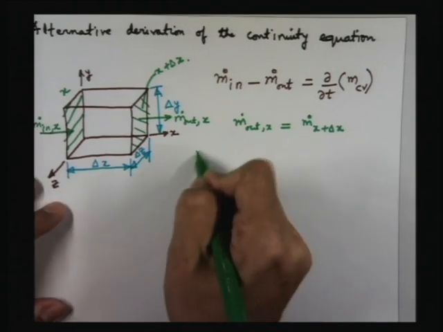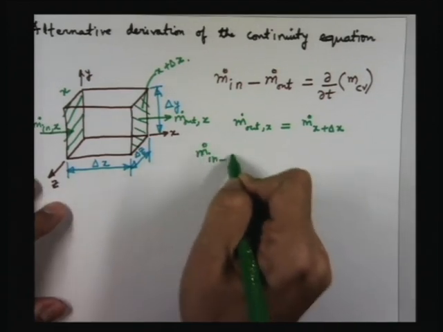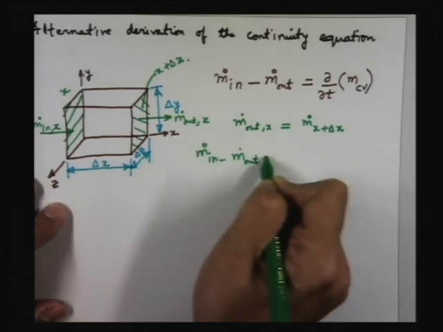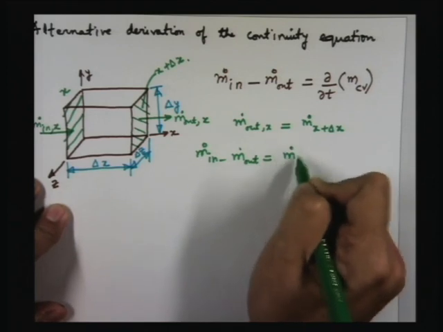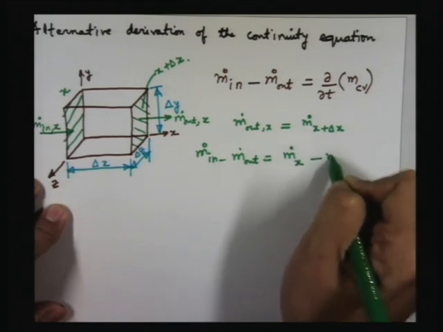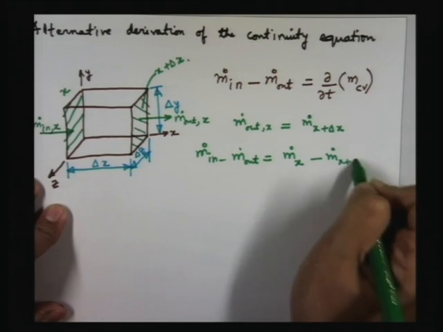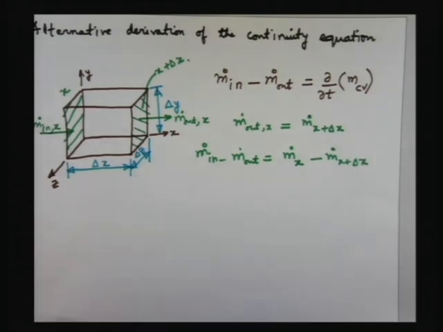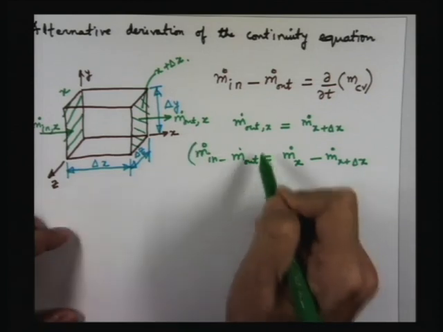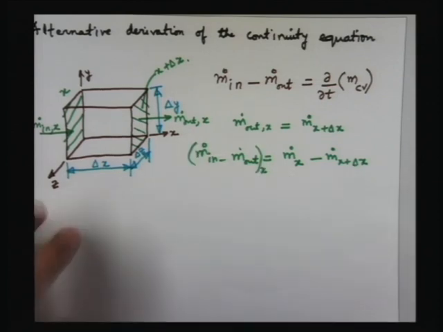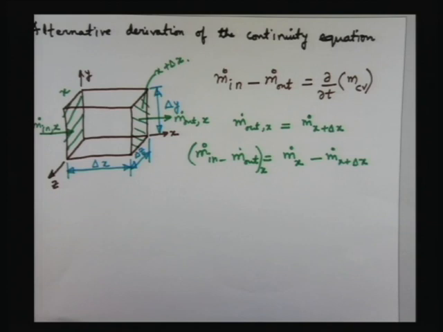So m dot in minus m dot out is nothing but m dot at x minus m dot at x plus delta x. This is along x. Similar terms will be there along y and z. So how can we write m dot at x minus m dot at x plus delta x?